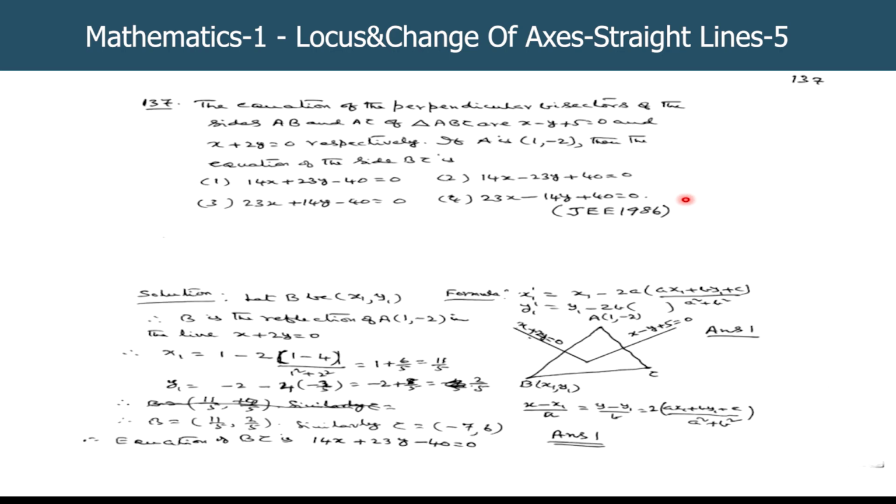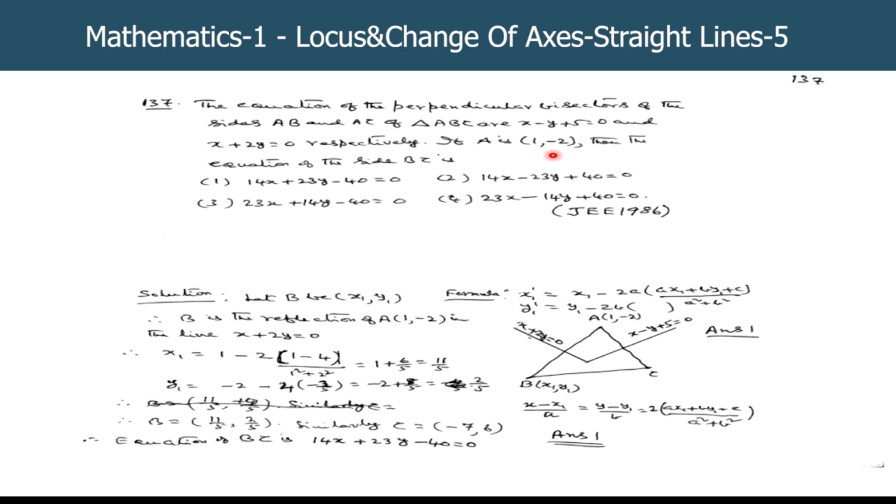137. The equations of the perpendicular bisectors of the sides AB and AC of triangle ABC are x minus y plus 5 equal to 0 and x plus 2y equal to 0 respectively.